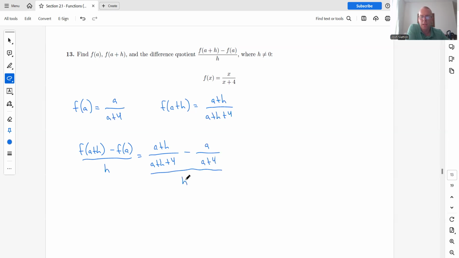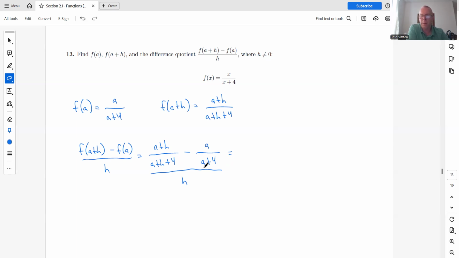all over h. Okay, so now we need a common denominator. And so that's just going to be basically kind of cross multiplying, multiplying the a plus 4 times this numerator, multiplying the a plus h plus 4 times this numerator.